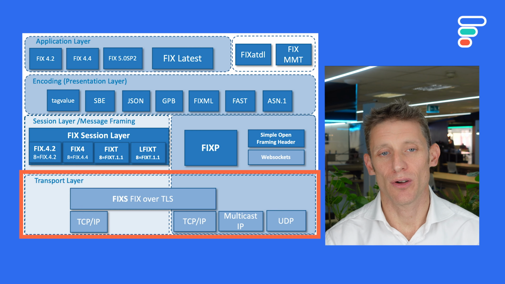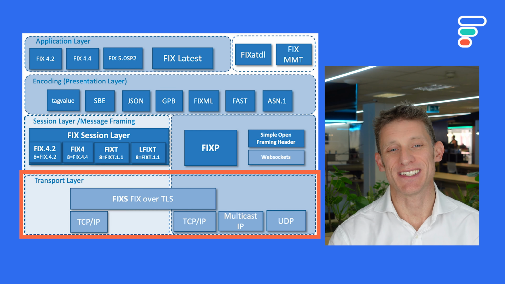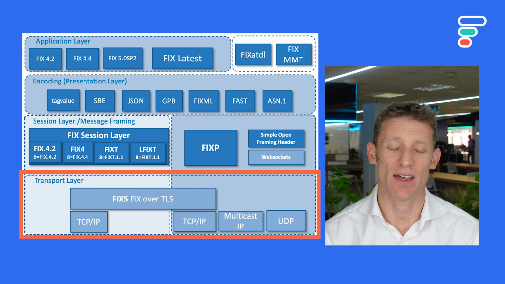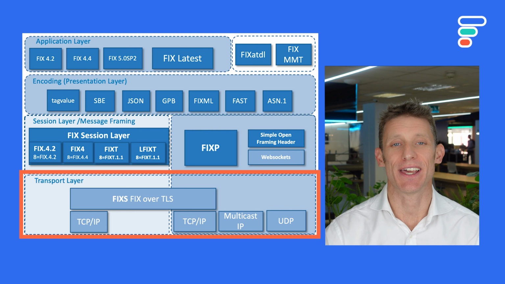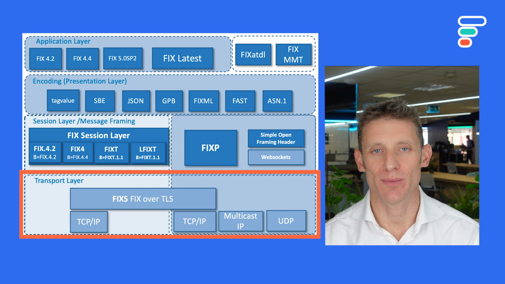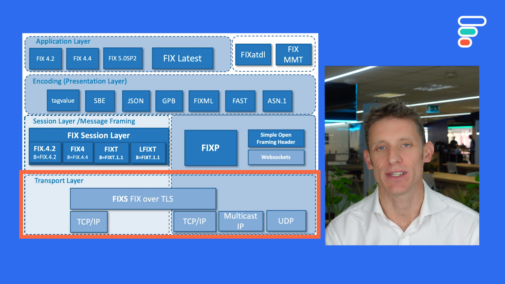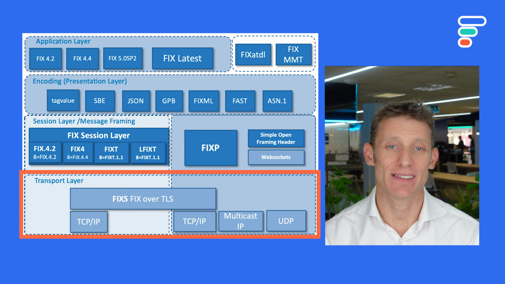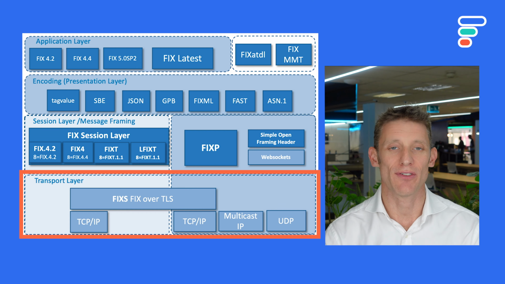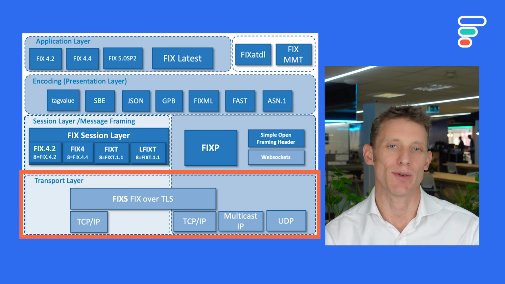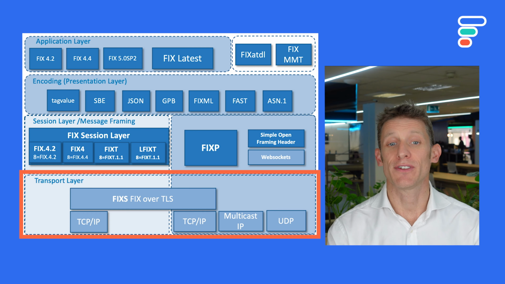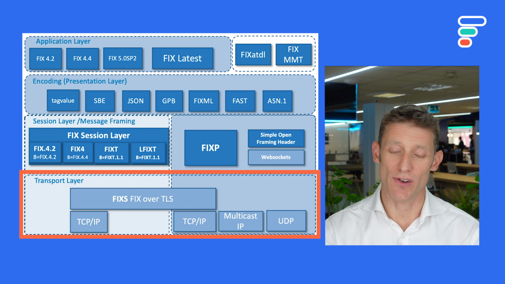The final one on transport that I really want to highlight here is FIXS. Now, FIXS is a secure version of the FIX layer. So this is FIX over TLS. TLS is a way of encrypting messages. It's highly used in web security. So when you're looking at an HTTPS site that's being encrypted, all of the traffic from your browser to the back end is being encrypted. And TLS is one of those encryption mechanisms. And so the idea of FIXS is that you use a very similar approach.